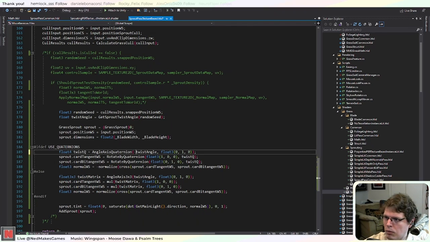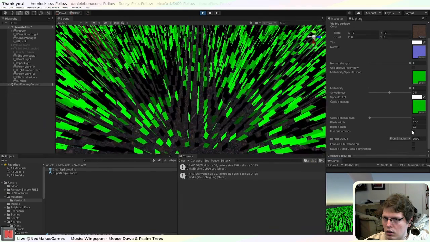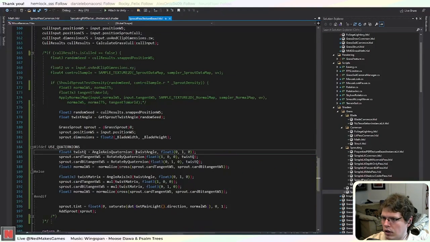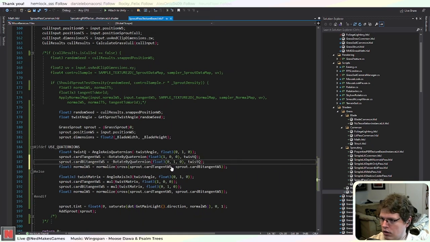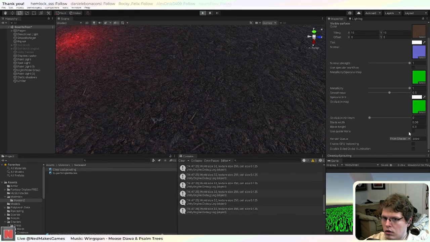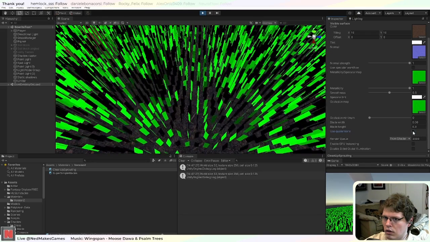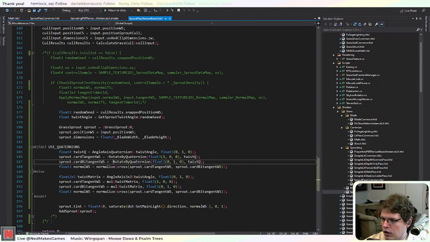Could I get the same effect if I did a negative angle, because that would be a little easier? Okay, yes. It's a negative angle, but then some of the stuff is still backwards. So can I get the same effect if I negate these? Okay, no, if I negate both of them, then when I turn on quaternions, there's a not a number or something. Why does that happen?